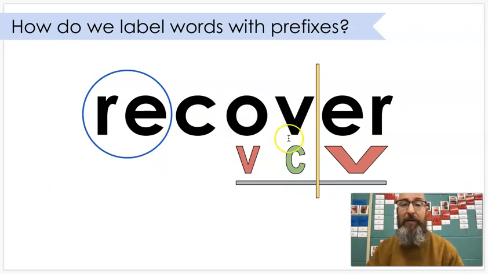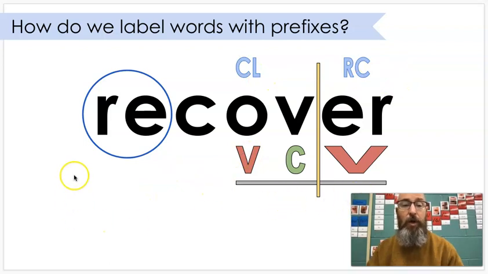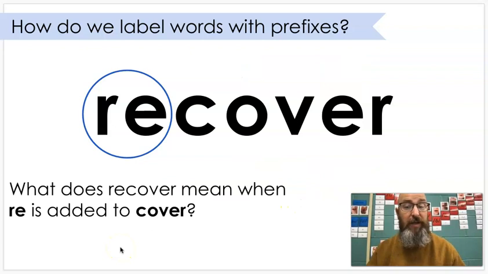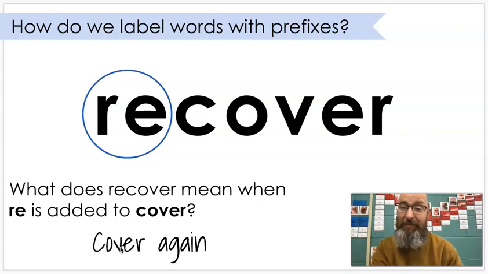So that would be cover. I know what cover means. I've heard of that word. So let's put it all together. We have a closed syllable and an R-controlled syllable. Then we're going to sound it out. Cover. Recover. So what does recover mean when re is added to cover? It means to cover again.